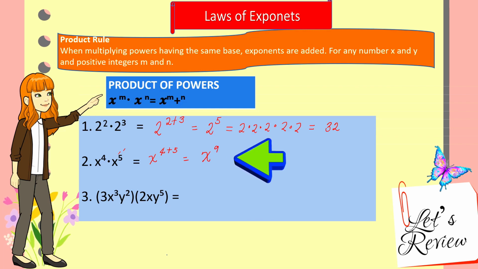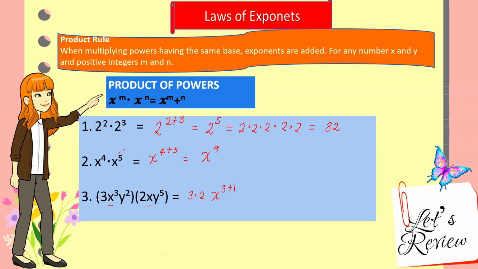Number 3, we have two monomial terms. Multiply 3x to the third y squared times 2x y raised to the fifth power. So multiply first the numerical coefficient, which is 3 times 2. And then get the same base x. Yung unang monomial term natin, x, has an exponent of 3. And the second is 1. So plus 1.